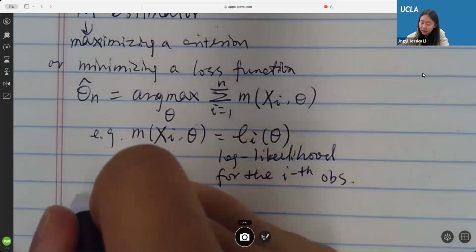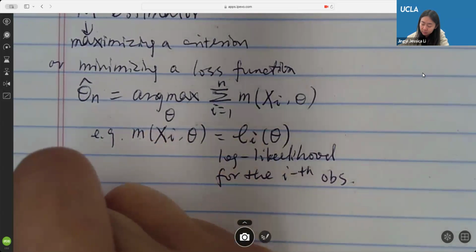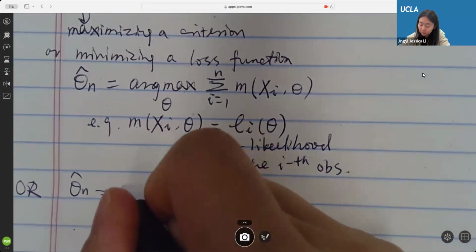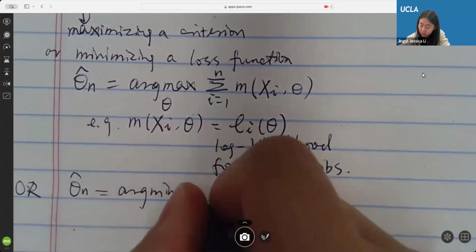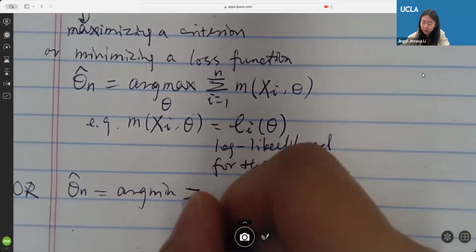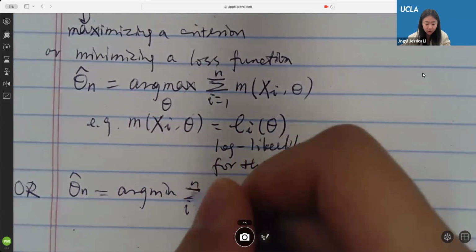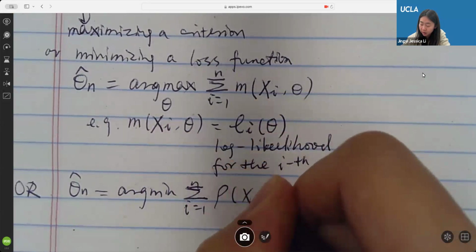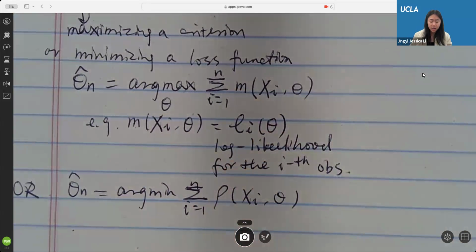Another way is to look at theta hat n as the minimizer of a loss function. And for that, we can write the sum from i equals 1 to n, following some notation, of rho(x_i, theta). In this case, rho(x_i, theta) is a loss.